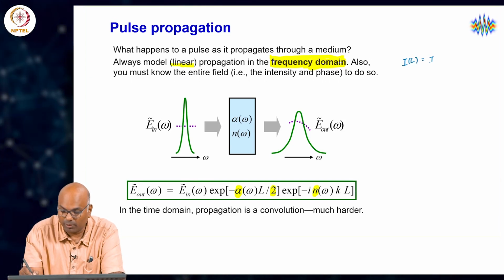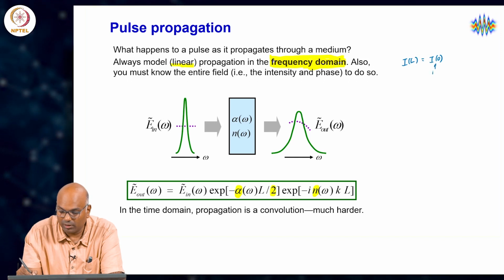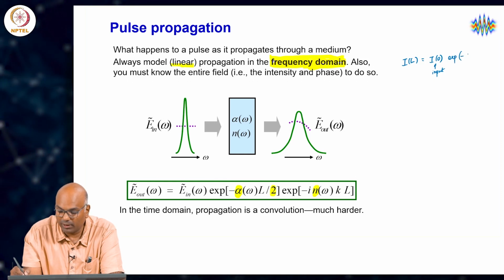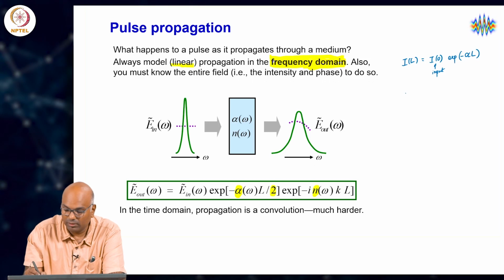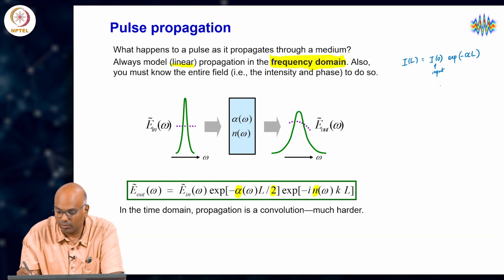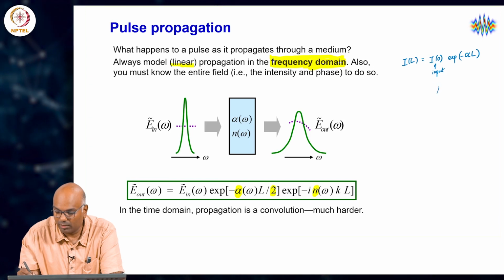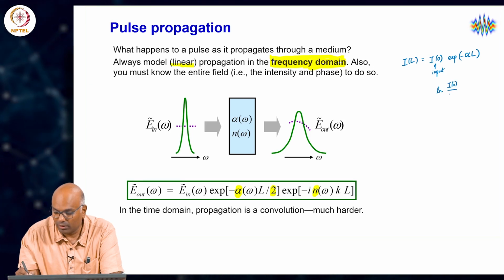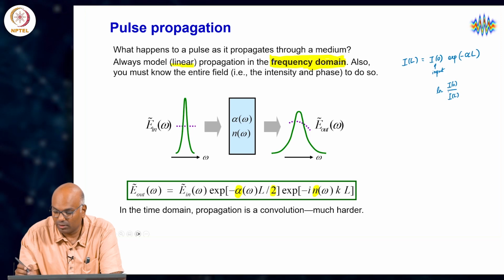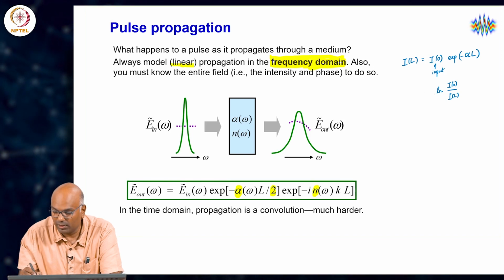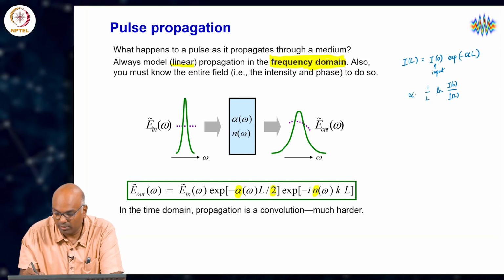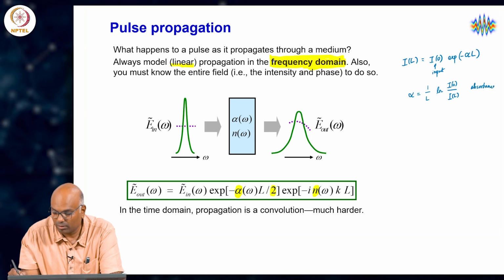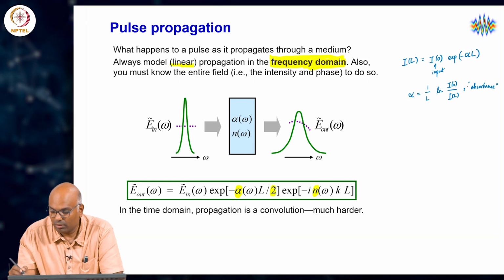The intensity after propagating a length L is the initial input intensity multiplied by exponential of minus alpha times L, and therefore, if we now consider the logarithm of the input versus the output intensities, times 1 by L, this is absorbance.